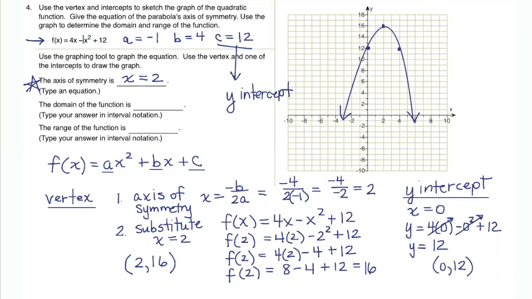If I had to locate the x-intercepts, as you saw earlier in this video, that means that you would be taking and substituting 0 where the y is, which would give you the equation 0 equals 4x minus x squared plus 12. In order to be able to find the roots, you would need to do the quadratic formula.